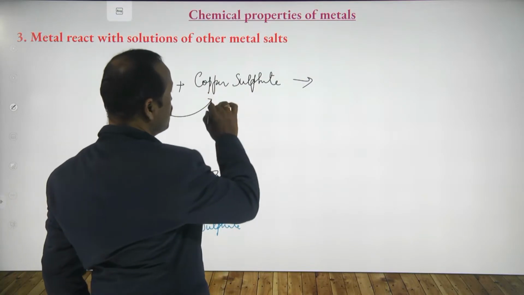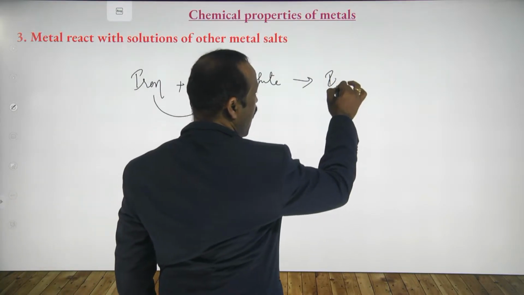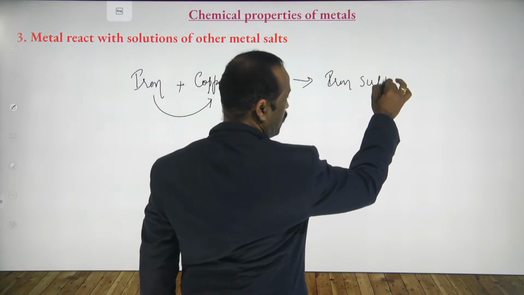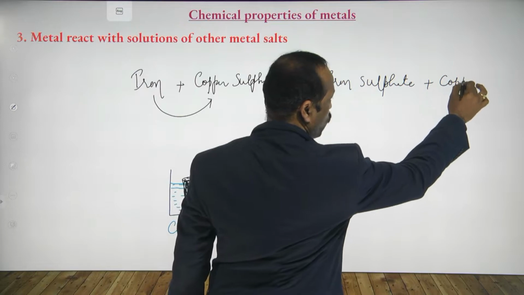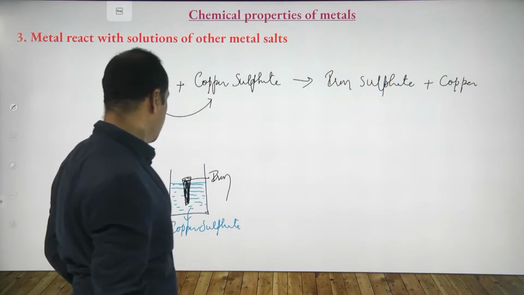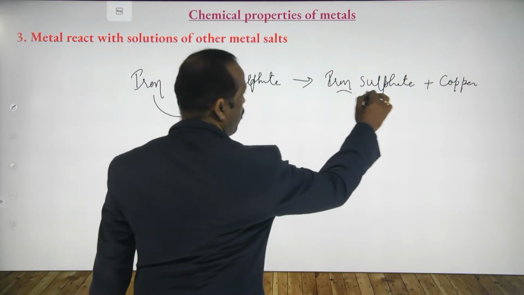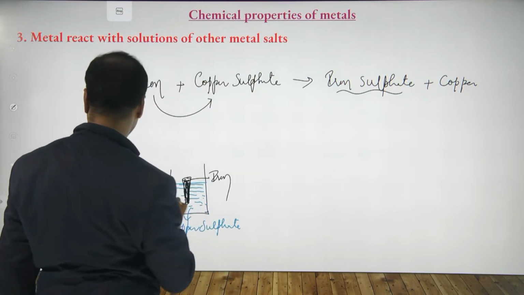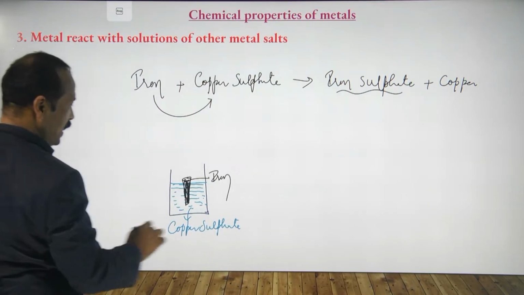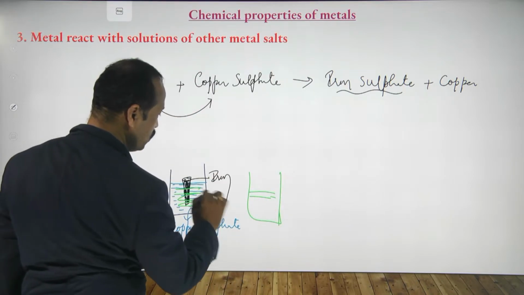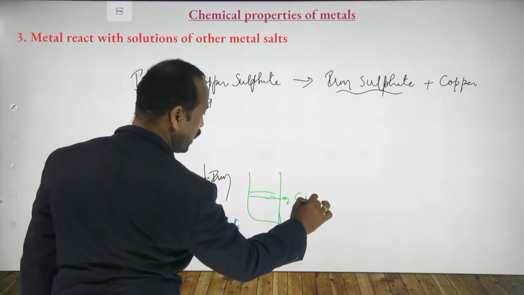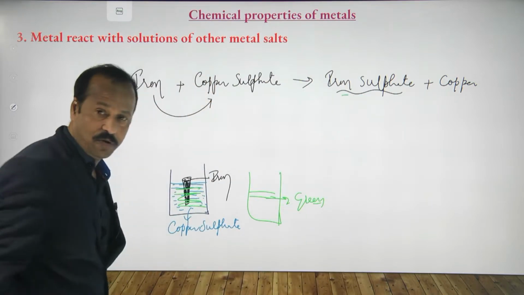This copper sulfate solution becomes iron sulfate, and copper is going out. Due to the formation of iron sulfate, this solution turns green in color.